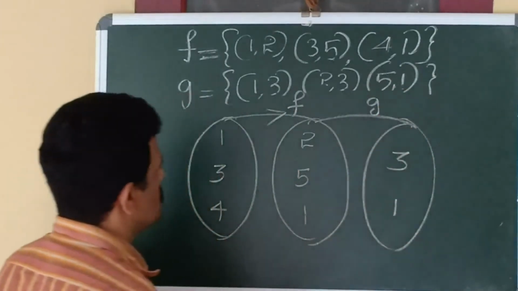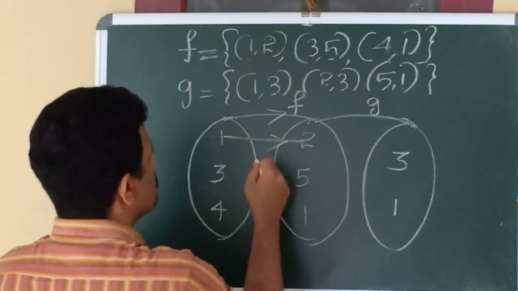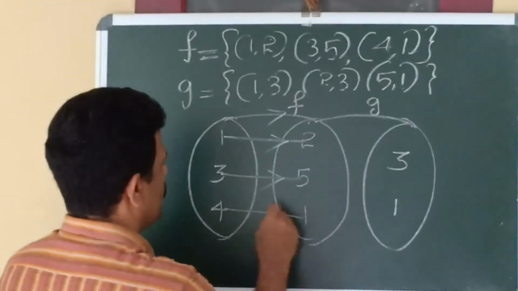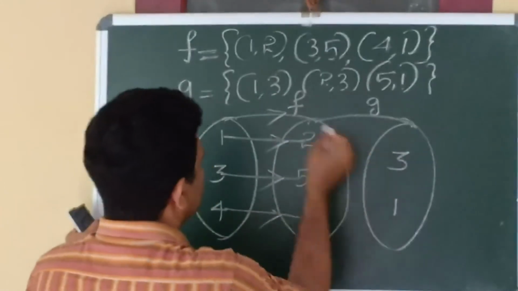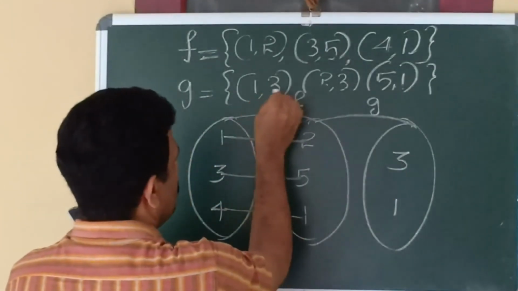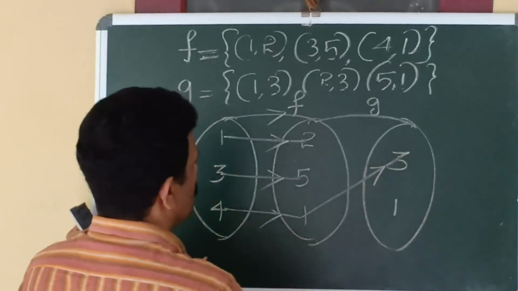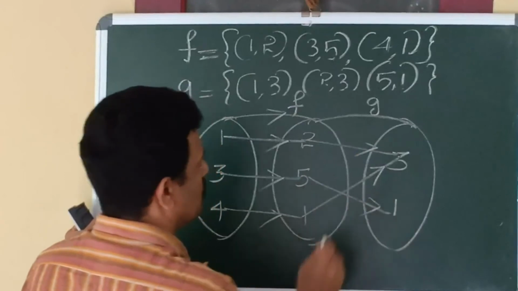Like this. Now, the first element in this 1, 2, then 3, 5, then 4, 1. Then the second function is g, that is 1, 3, 2, 3, 5, 1.